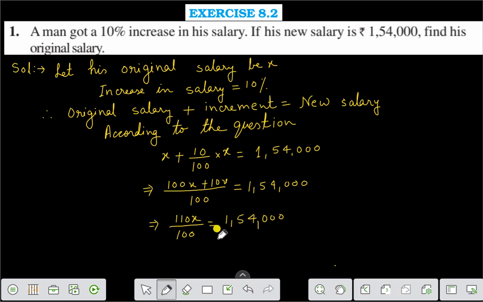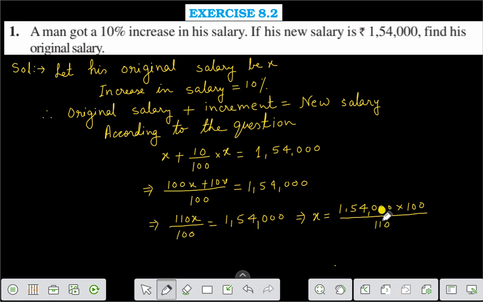If we find the value of x, we get x is equal to 1,54,000 into 100 by 110.